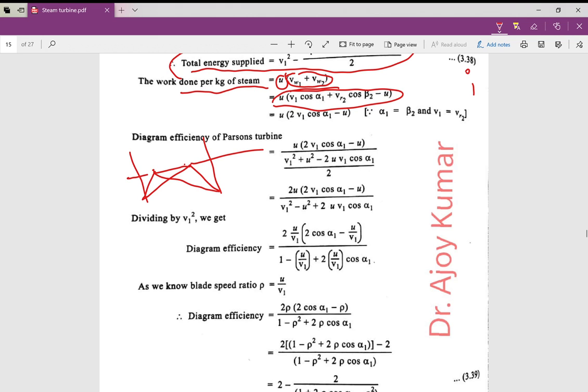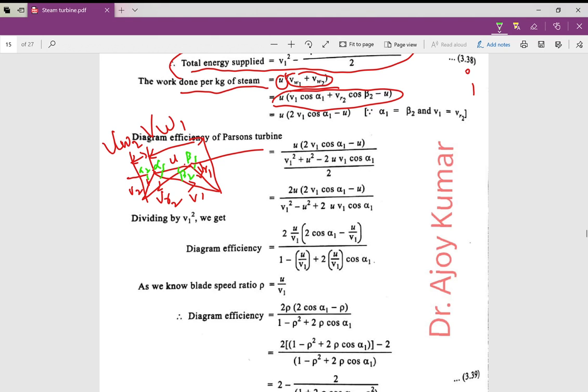From here it was U, from here it is Vw1, from here it is Vw2. This is your Vr1, V1, Vr2, V2, and angles are, this is your beta 1, beta 2, alpha 1, alpha 2.